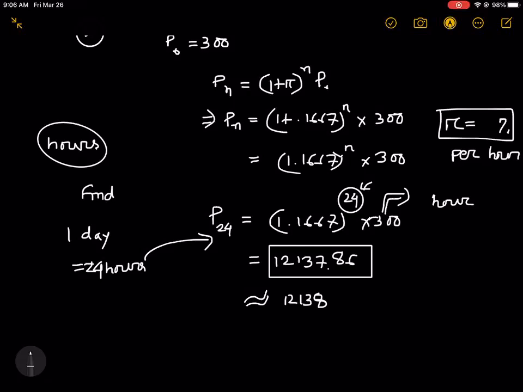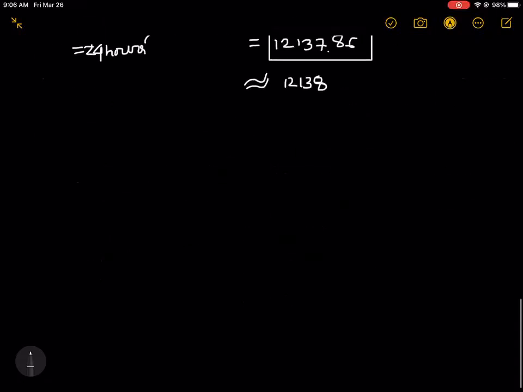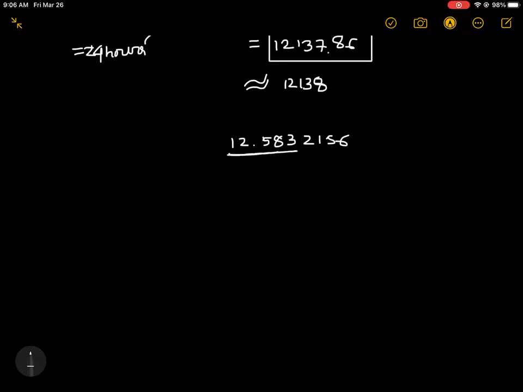So when I set up the question, I actually set up the tolerance level as well. So if you have, let's say, 12.583215.6, if you have a value like this on your calculator, just take up to 3 decimals.